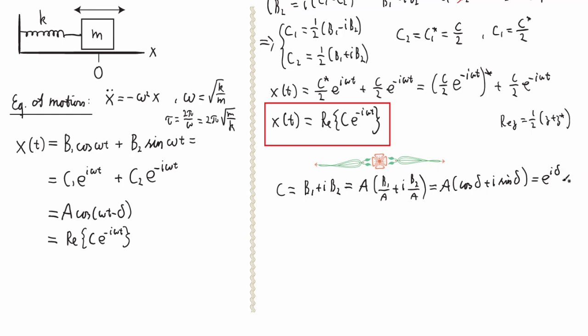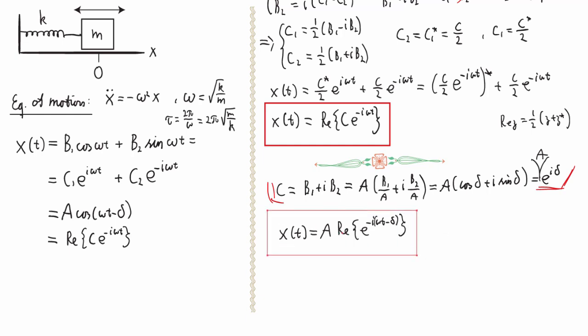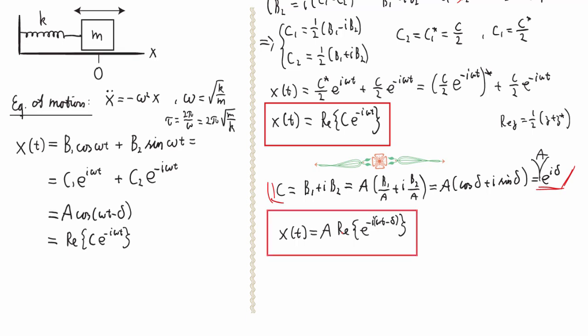So we now have an expression for C. And that gives us a 5th form in which we can write a solution to a harmonic oscillator. Okay. There it is. So we'll add that one to our list here as well.